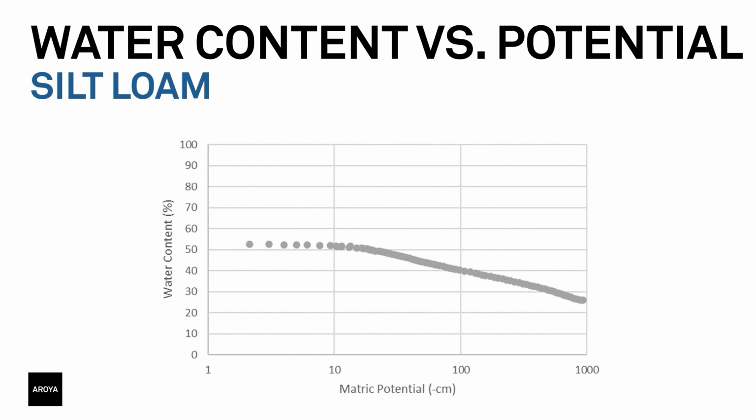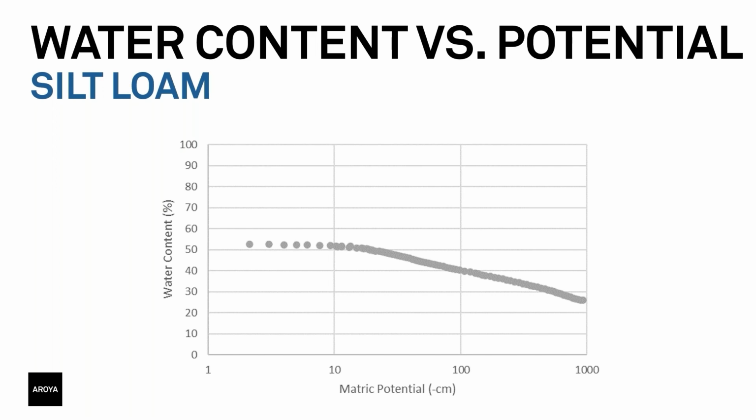Now, a more familiar measure of moisture in a soil or a rooting medium is its water content. We'll talk about volumetric water content here. That's the volume of water per unit volume of soil.